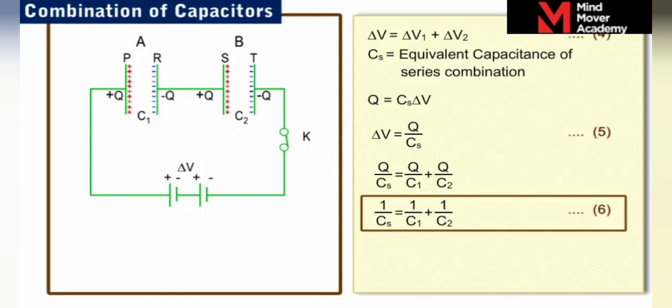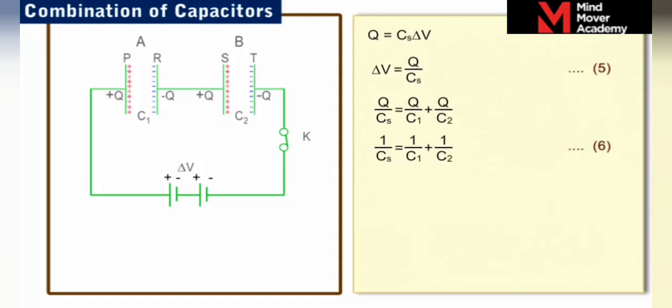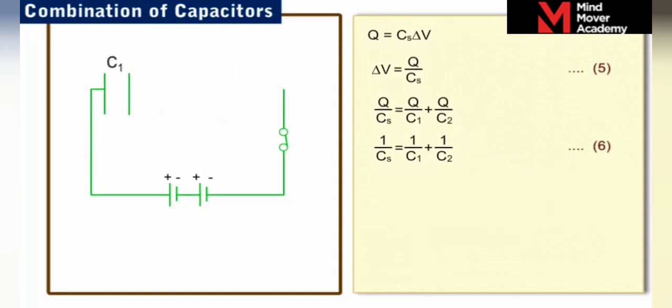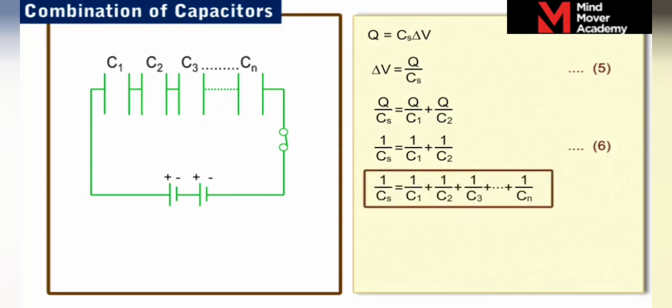The equation can be extended for any number of capacitors with different capacitance values connected in series. If n number of capacitors with capacitances C1, C2, C3, and so on up to Cn are connected in series, then the expression for the equivalent capacitance of the combination, Cs, is given by 1 by Cs is equal to 1 by C1 plus 1 by C2 plus 1 by C3 plus so on plus 1 by Cn.